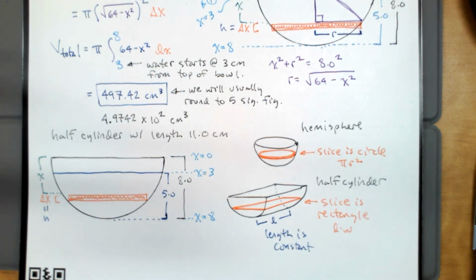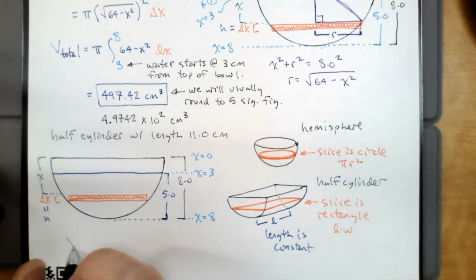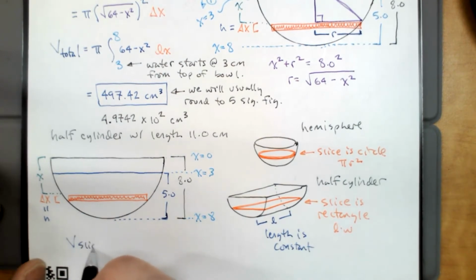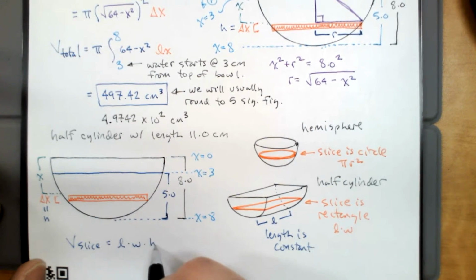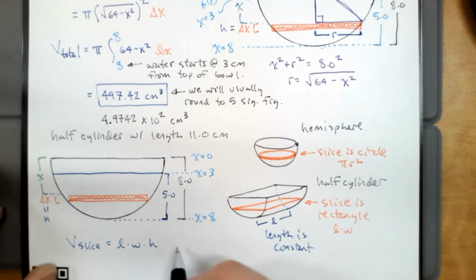So in this situation, since we don't have a hemisphere, we're not looking at that slice as a cylinder from the side, because the slice is not a circle. This slice is a rectangle from the side. So the volume of the slice is length times width times height. Our length is fixed at 11.